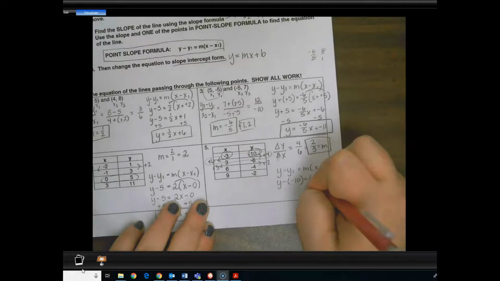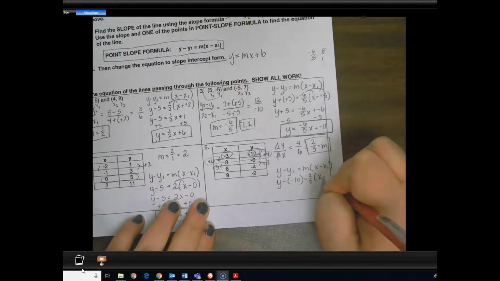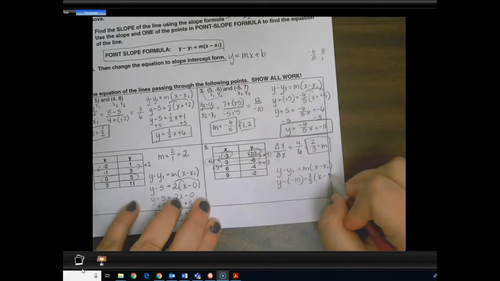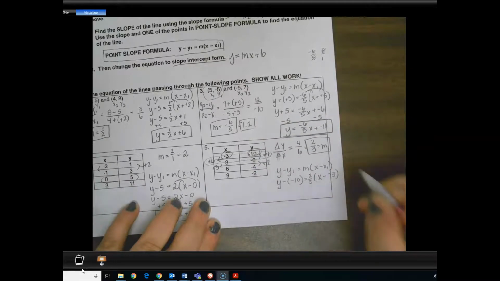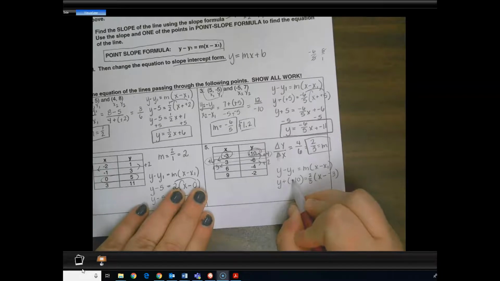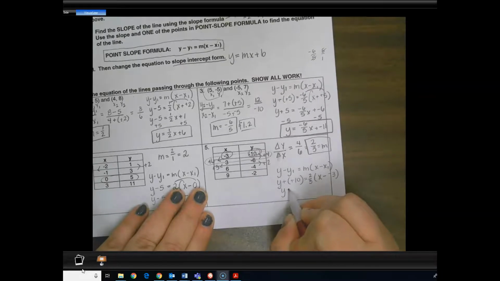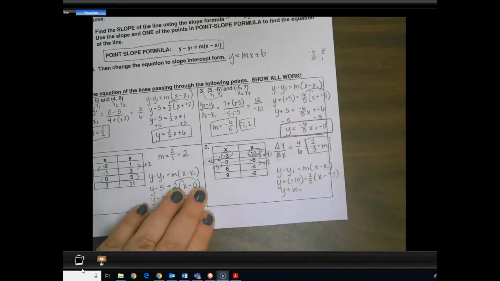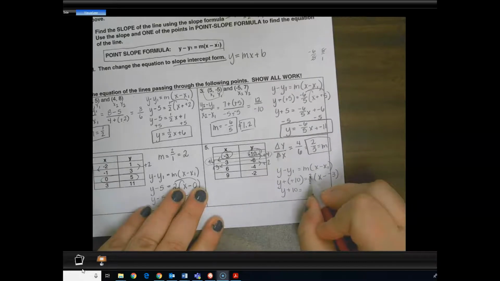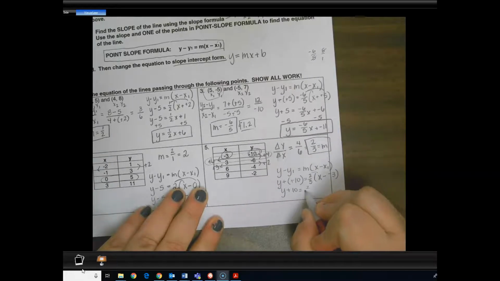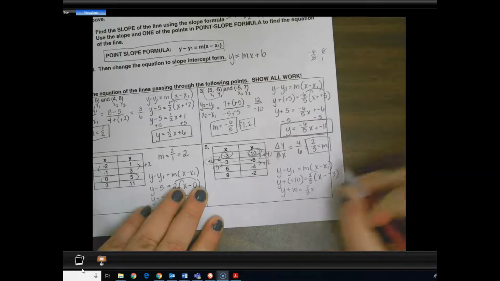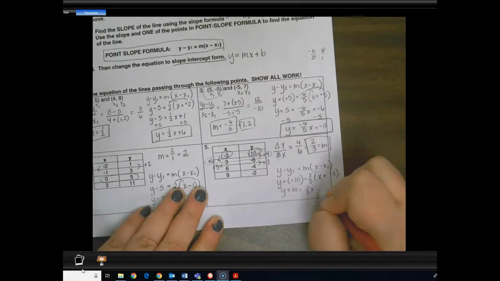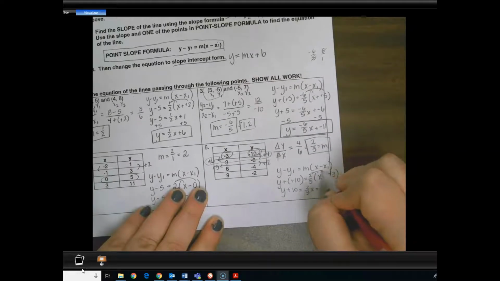My m was 2/3 times x minus a -3. We'll go ahead and add a line, change the sign here to make it y plus 10. Just makes it a little bit more manageable. Distribute, so 2/3 x. Add a line, change sign. Distribute that 2/3.